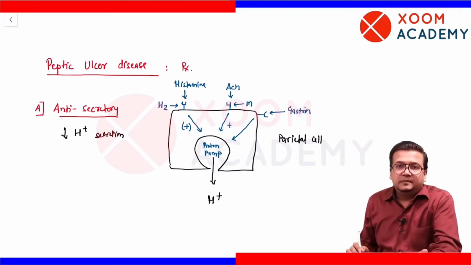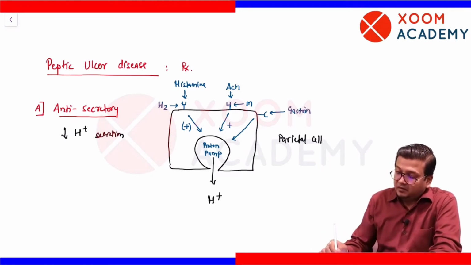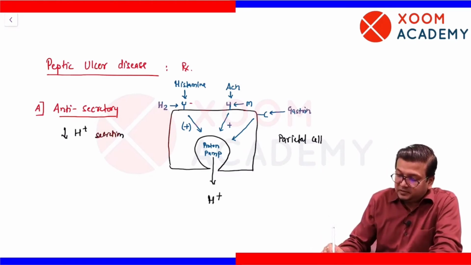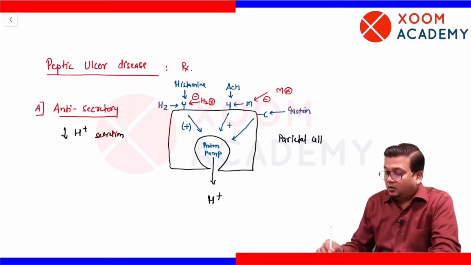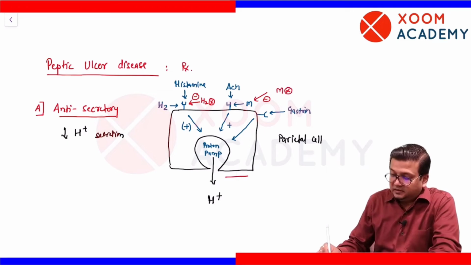So what are these simple drugs? We can block this receptor, number one drugs. So you will have H2 blockers. You can block muscarinic receptors. So you will have muscarinic blockers, anti-muscarinics, or we can block the proton pump itself.